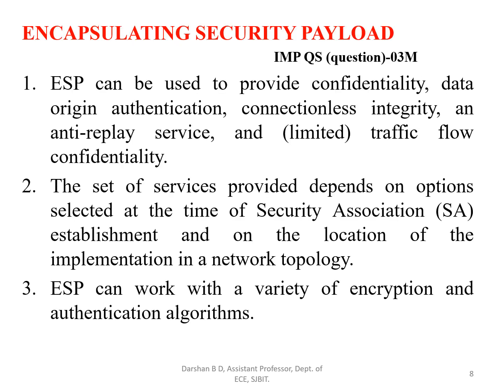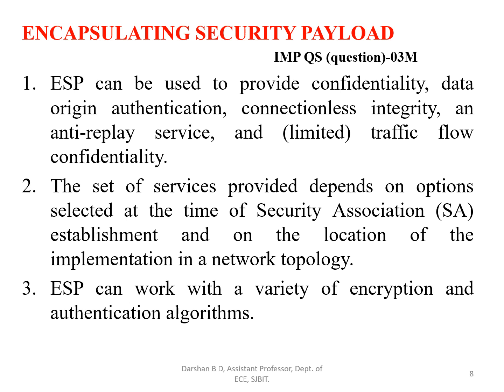Encapsulating security payload, ESP, can be used to provide confidentiality, data origin authentication, connectionless integrity, an anti-replay service, and traffic flow confidentiality. We know that authentication means only authorized servers and users should use it.